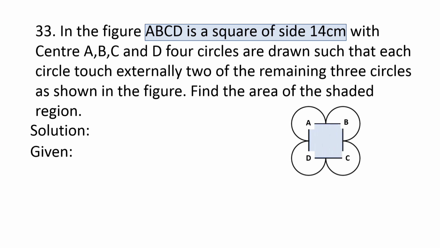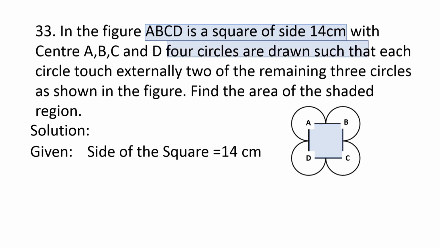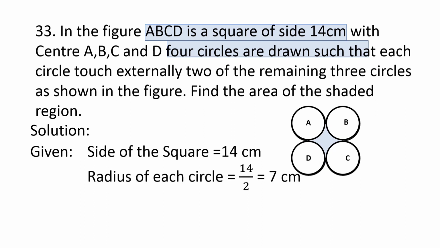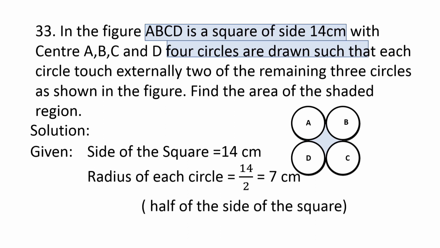ABCD, a square of side 14 cm and 4 circles like this with centers A, B, C, D. So the radius of each circle is 14 by 2. Why? The side of the square is 14, half of the side of the square, that is 7 cm. You have to find the area of the shaded region.